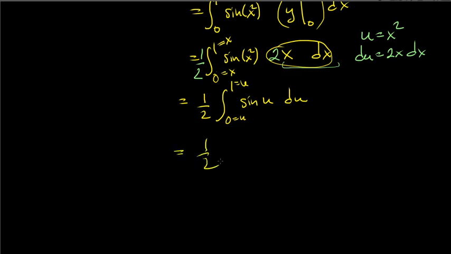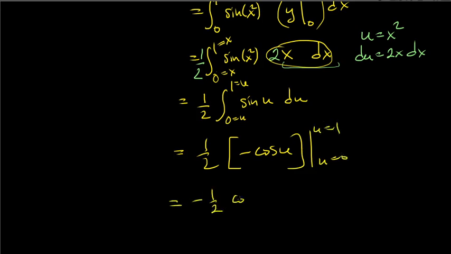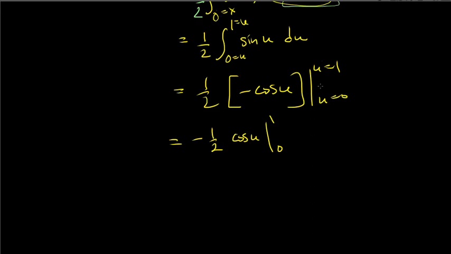All right, well, we still have to integrate sine, and that's negative cosine, right? And then just plug in the 0 and the 1. So we're going to get negative 1/2 cosine of u from 0 to 1. Well, that's just negative 1/2 cosine of 1 minus negative 1/2 cosine of 0.